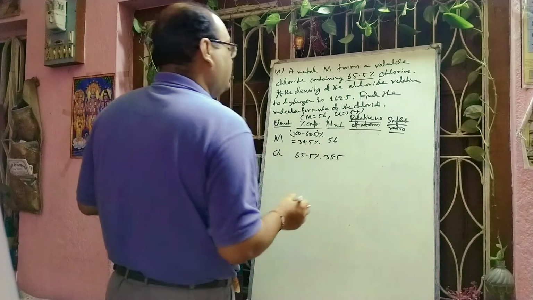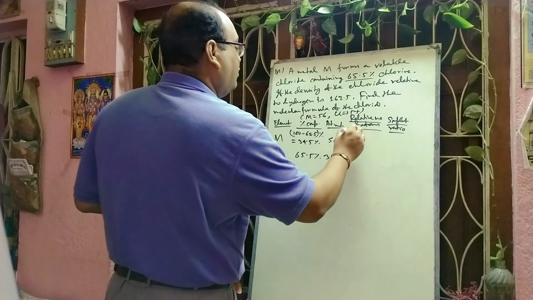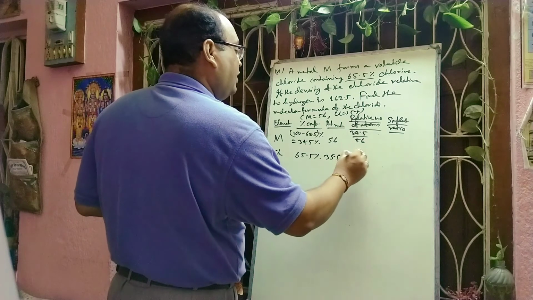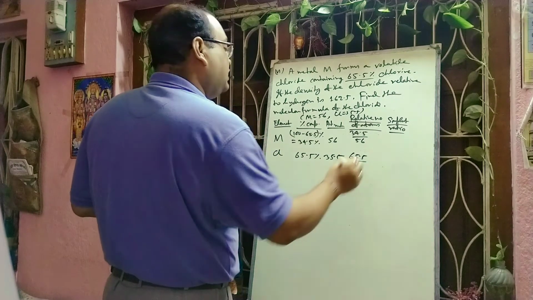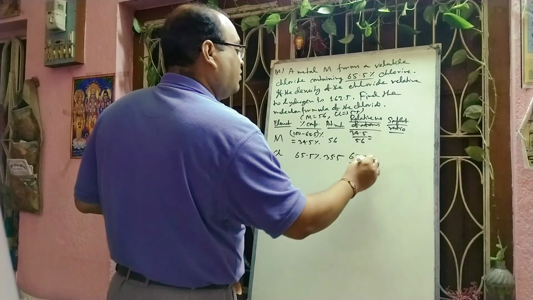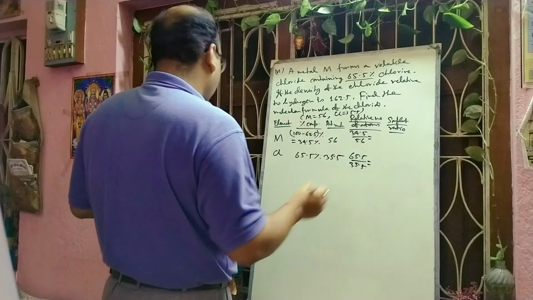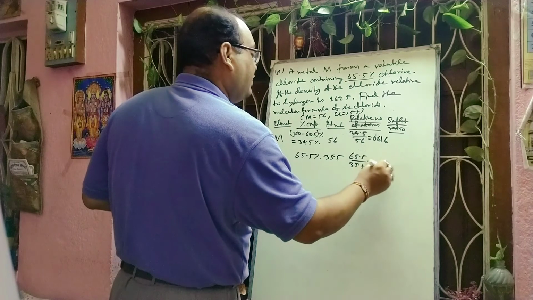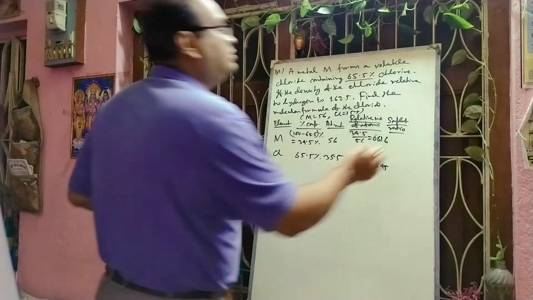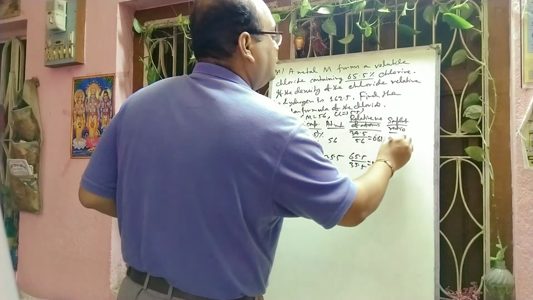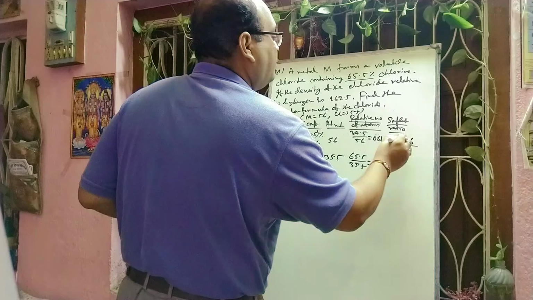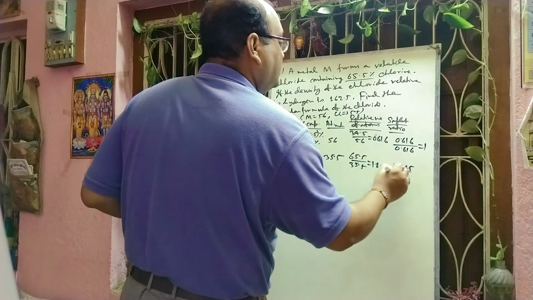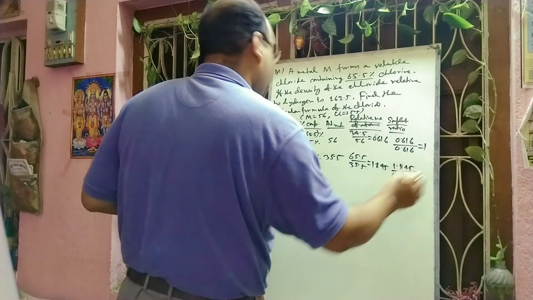So here the relative number will be 34.5 divided by 56, and 65.5 divided by 35.5. From here you will get the values 0.616 and 1.845. If you divide by 0.616 you get the simplest ratio: 1.845 divided by 0.616 gives the value 3.